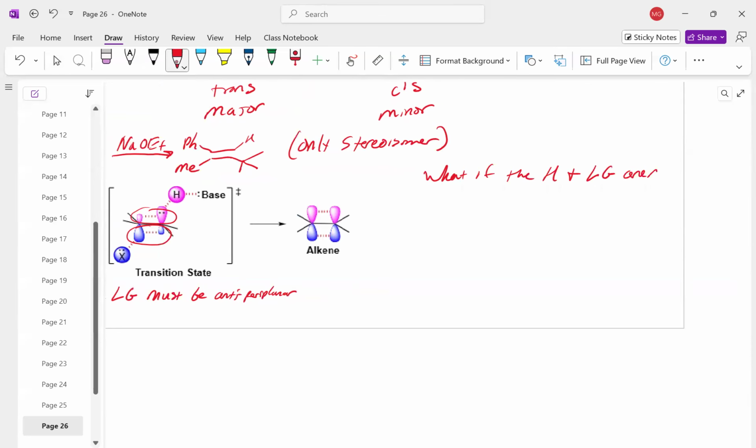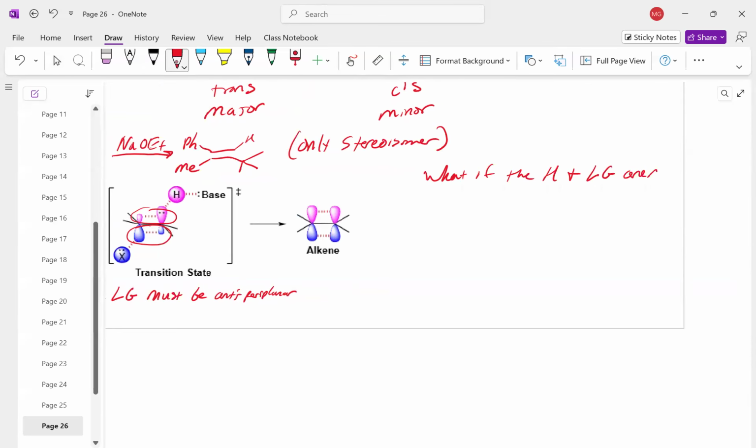But instead of having the hydrogen going straight down, I give it this dashed wedge here. Okay, so this hydrogen is not anti-periplanar. So does that mean I can't do this reaction? Absolutely not. You can do it.